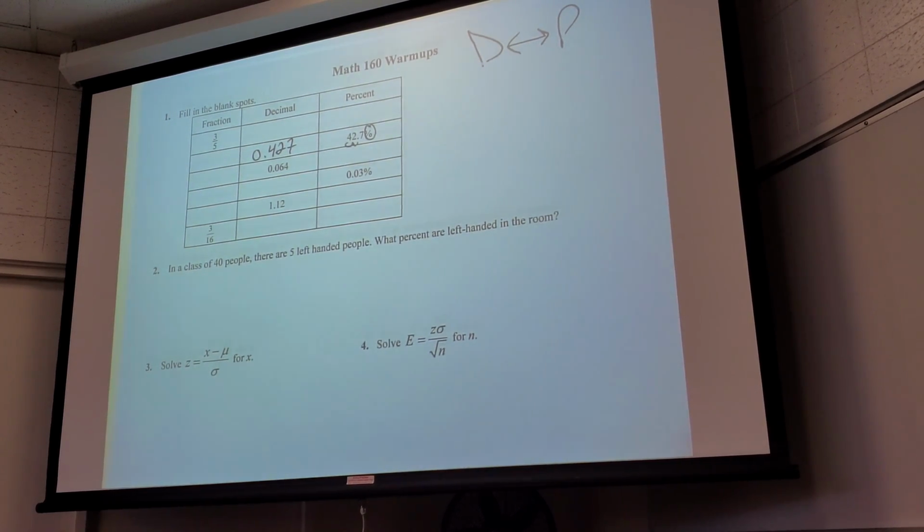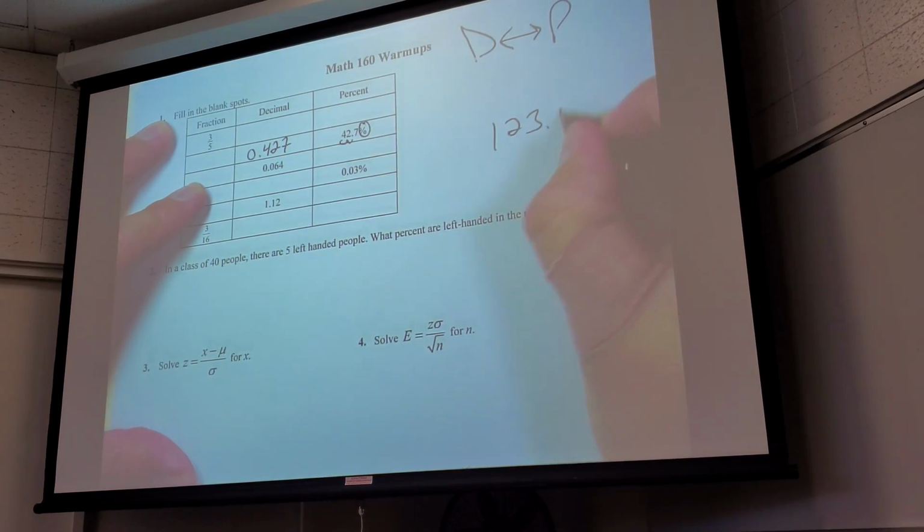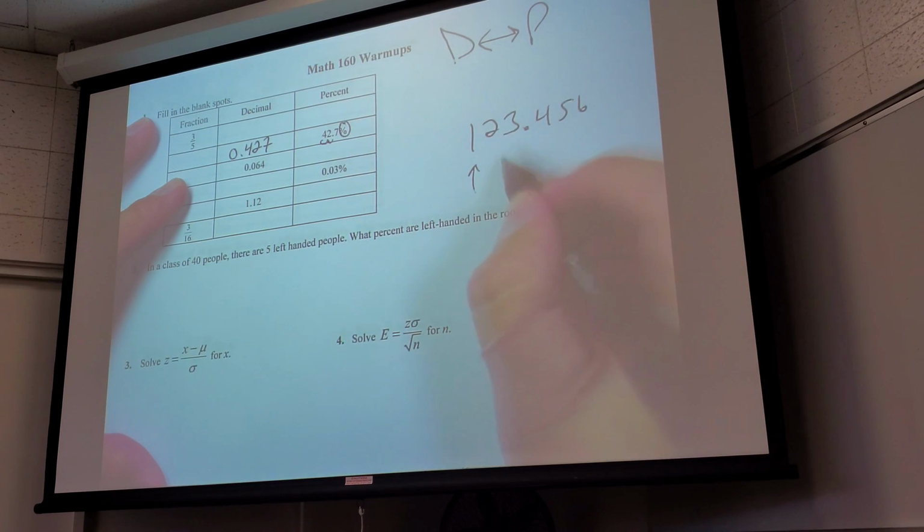What's happening? So we have a base 10 number system. Decimals are just the fractions that fit into our base 10 number system. So what are the places then? Like in this number here, the 1 is in the hundreds place. The 2 is in the tens.